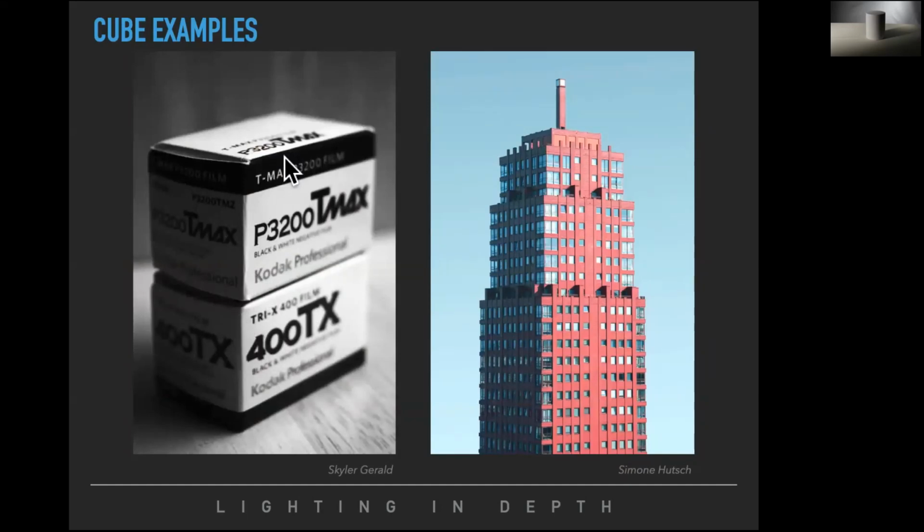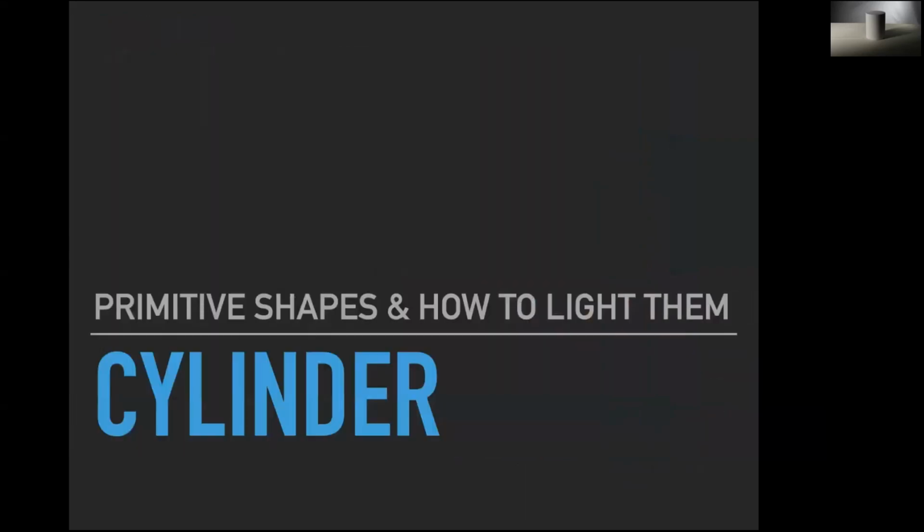But again, you see the three values, 1, 2, and 3. And with this shot of this building, the photographer has chosen to favor the highlight side. We can't quite see the top, but we definitely have our highlight and our shadow, which gives it dimension.